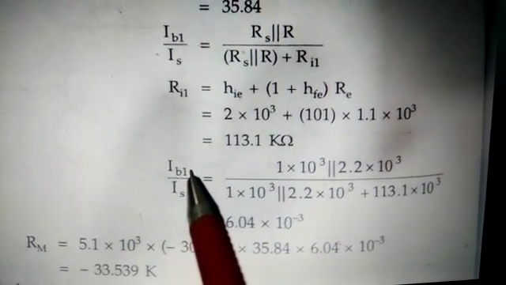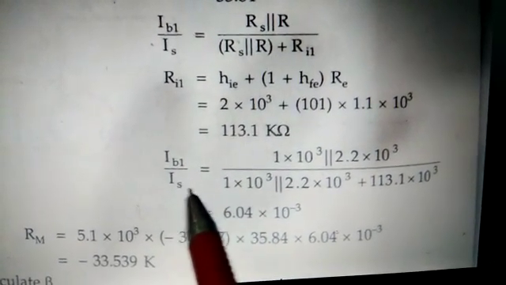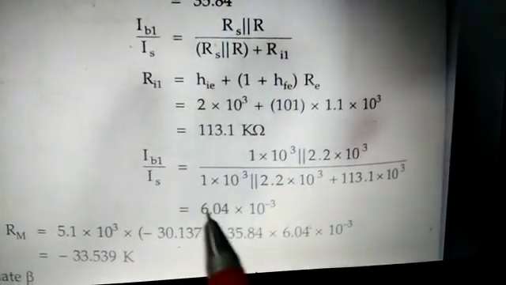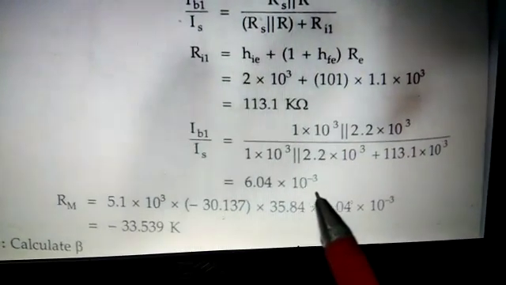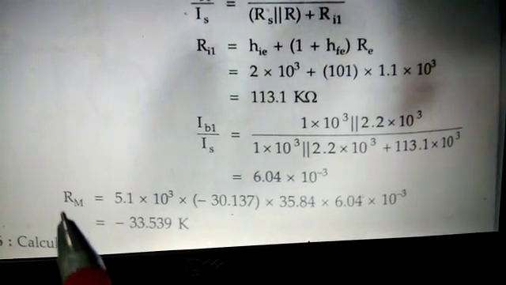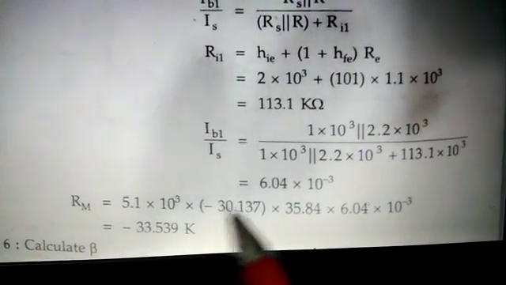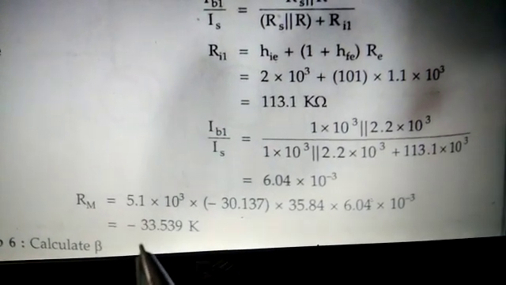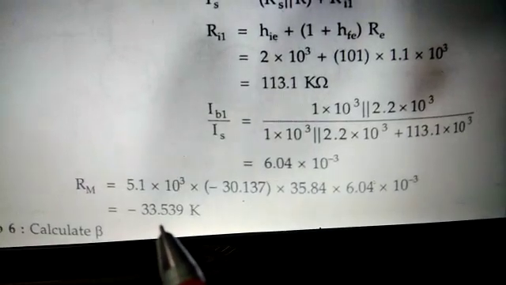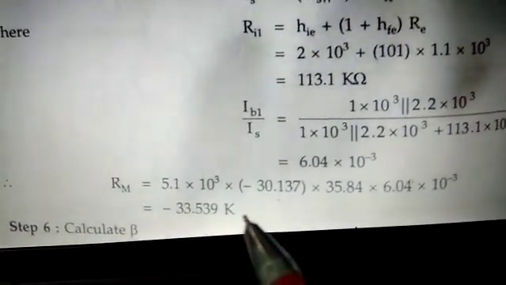This is the first stage input current and this is the source current. Put all these values, you will get 6.04 into 10 to the power minus 3. And finally, you calculate the value of RM by putting these four ratios. You will get minus 33.539 kilo ohm.